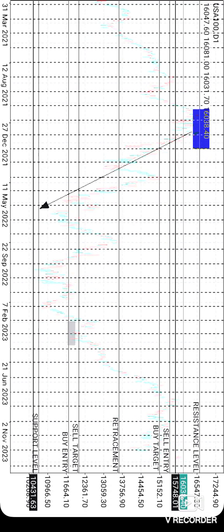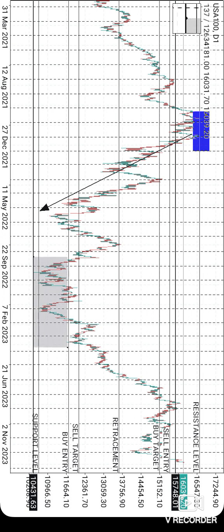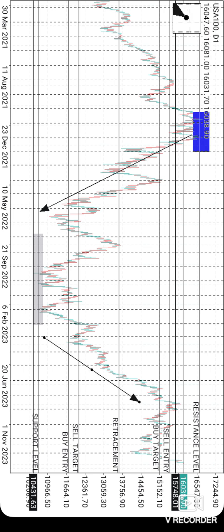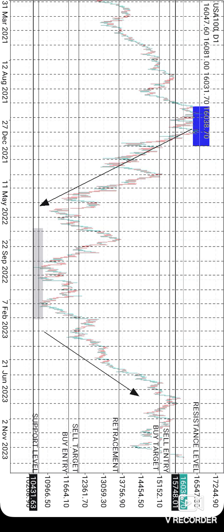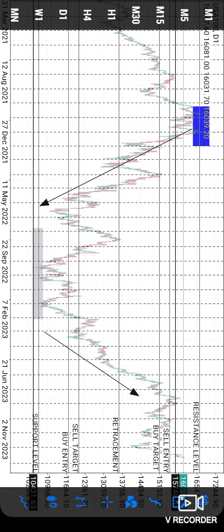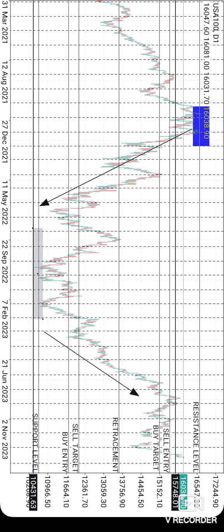And then all of a sudden, we have a level here that pushed the market in the opposite direction of a buy. Now, the first level of resistance is where you will place your Fibonacci resistance level.